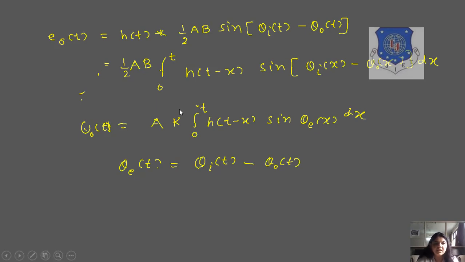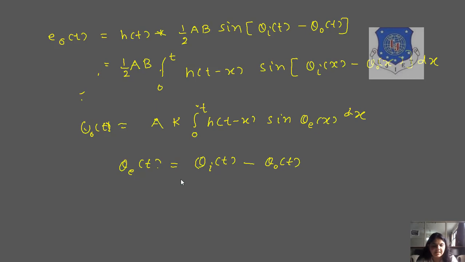Now theta 0'(t) is equal to, and we are putting the value for this k, which is 1/2 cB, so theta 0'(t) is equal to AK integral from 0 to t of h(t minus x) sin(theta e(x)) dx. So theta e(t), the phase error, is equal to theta i(t) minus theta 0(t).